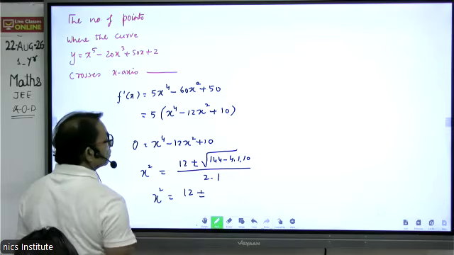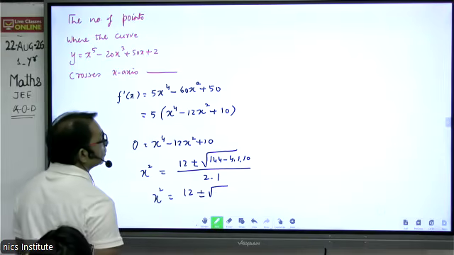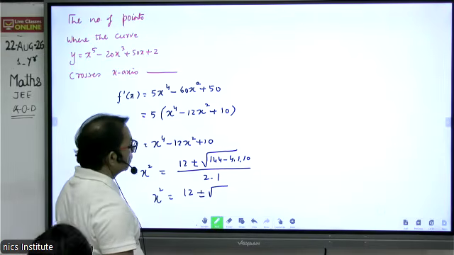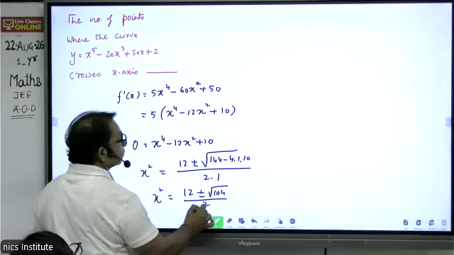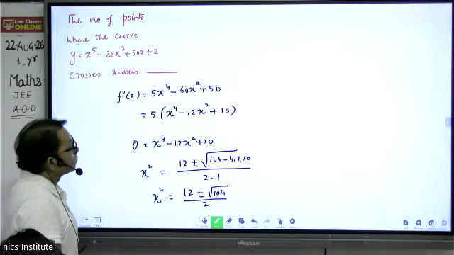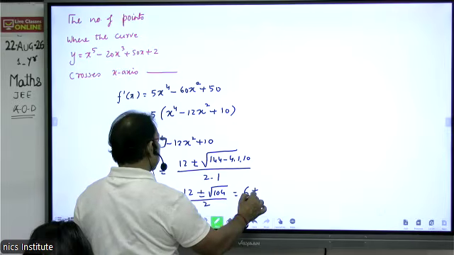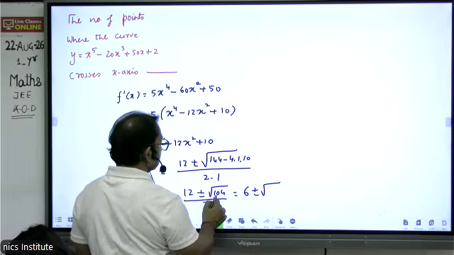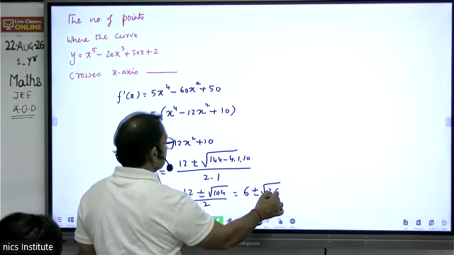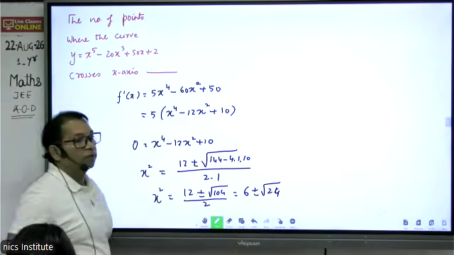This is how much? 2 root 104, isn't it? So it will be 6 plus minus root 24.